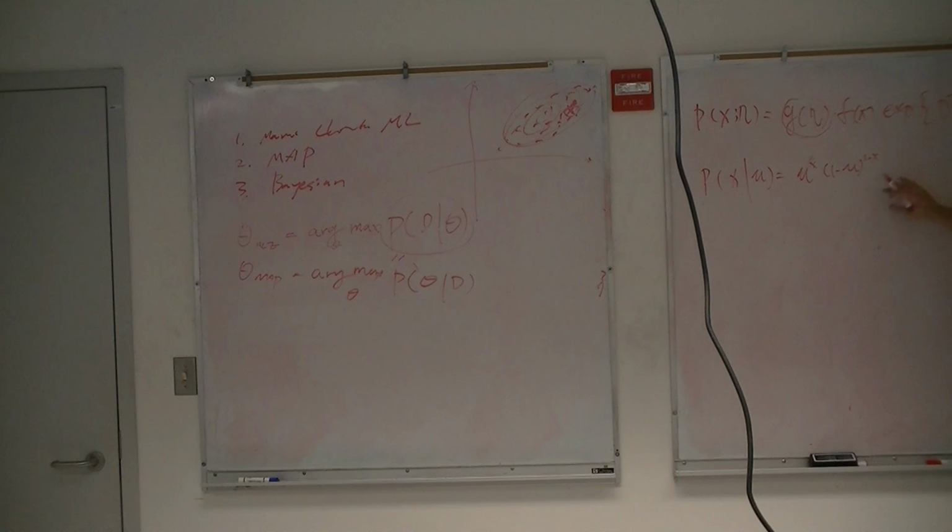So you can see if we want to transform this distribution to the exponential family, we need an exponent here. To get this exponent out of this, we can do a simple trick. We can take the exponent and then the log of the whole thing.